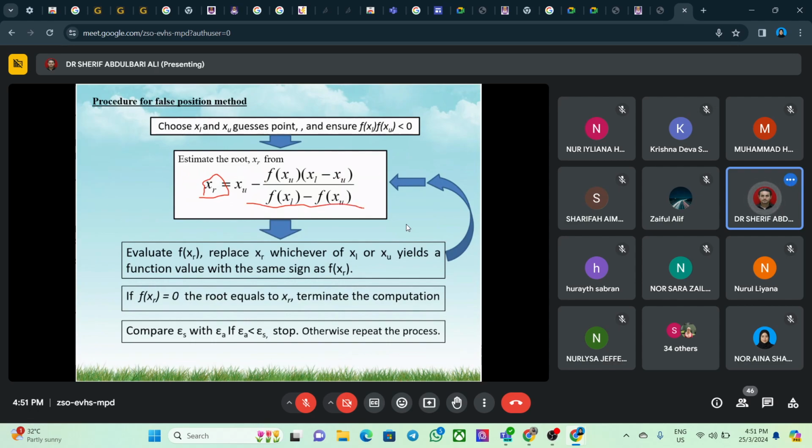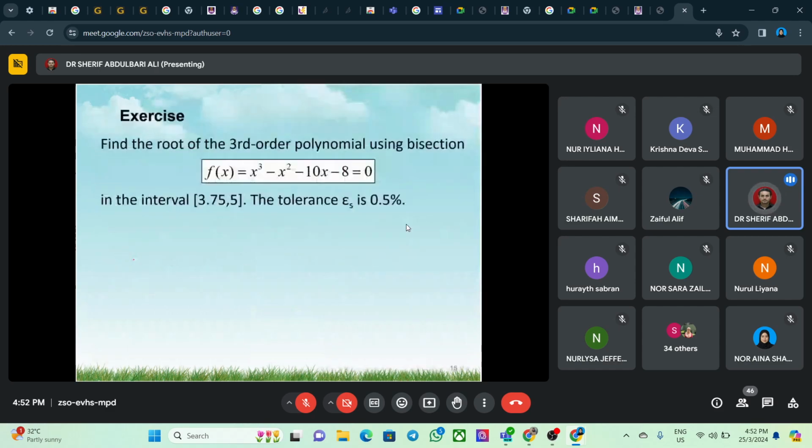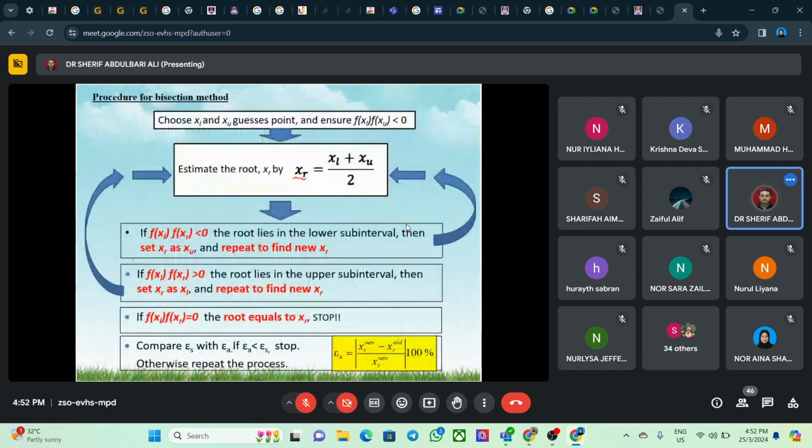Again, you use the same criteria: you replace whichever of x lower or x upper yields a function value with the same sign as the function of xr. Or you can use the same method as bisection: if the function of x lower times the function of xr is greater or less than 0, you follow the same approach.